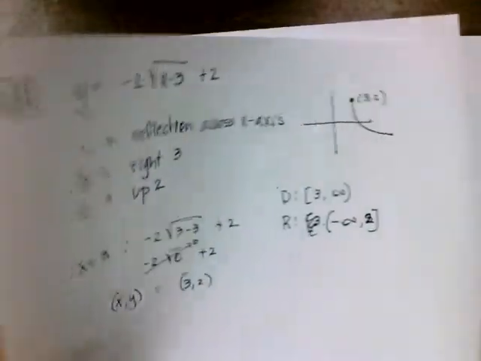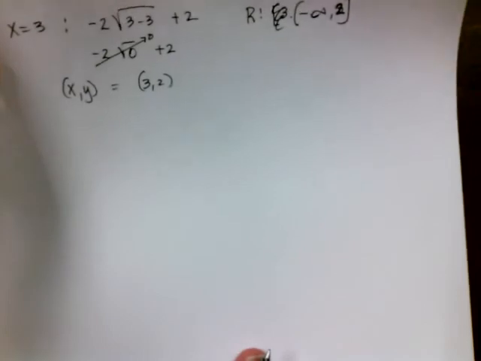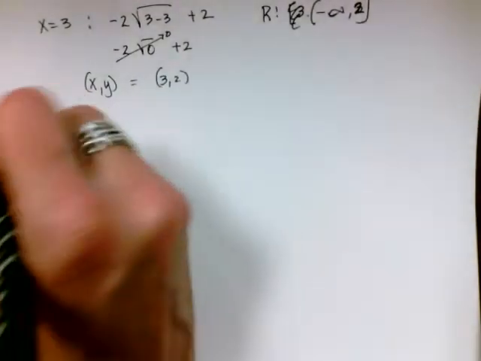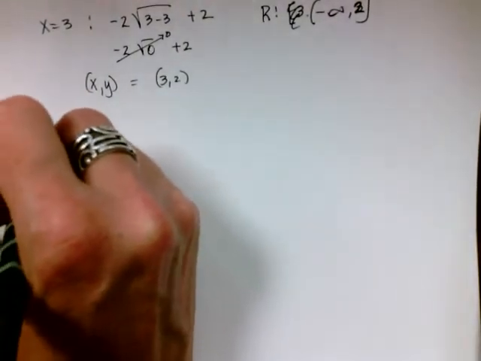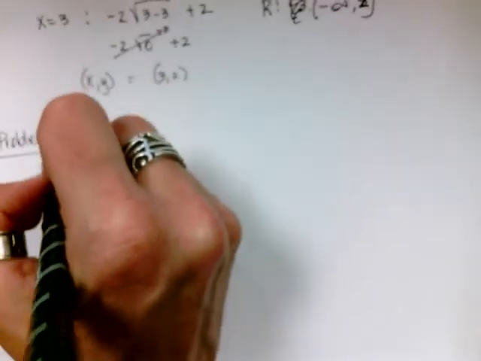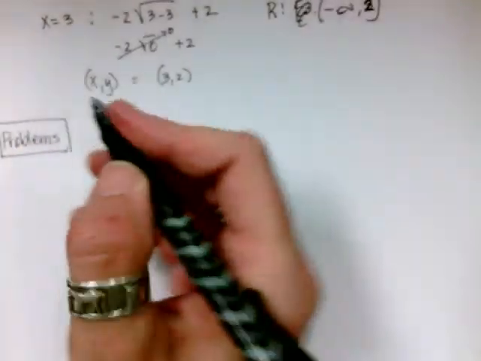If you need your grapher to help you see some of your graphs, you're more than welcome to use it. Here are your problems. As promised, the first video is not too terribly long.